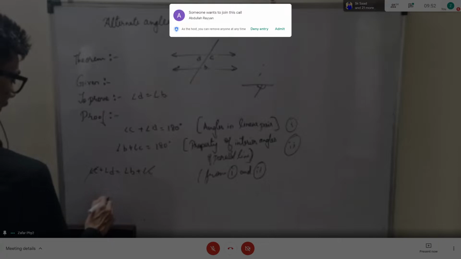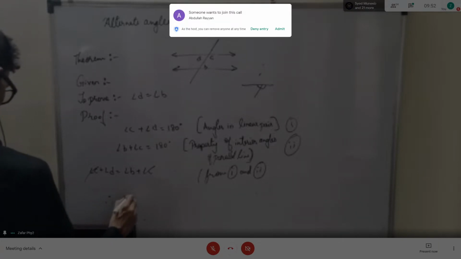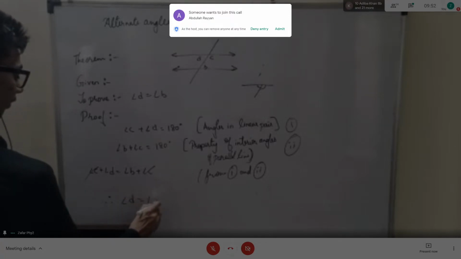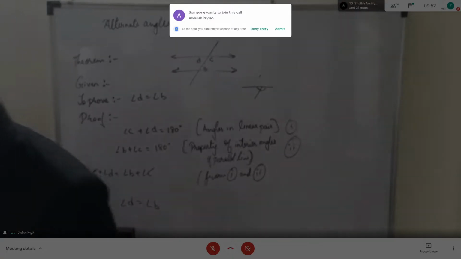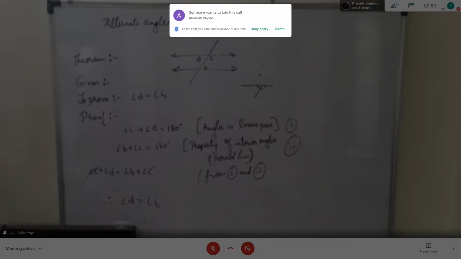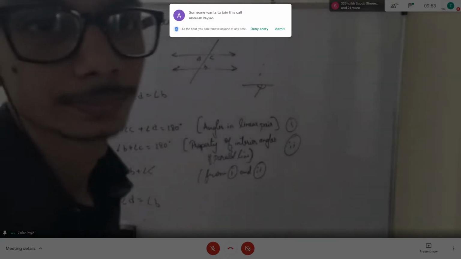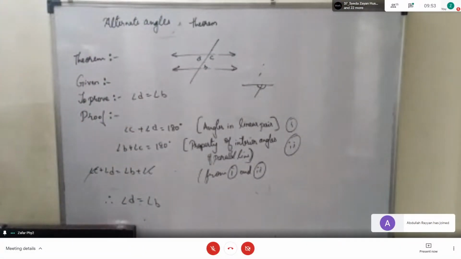So therefore angle D is equal to angle B. Okay. If done, write D.